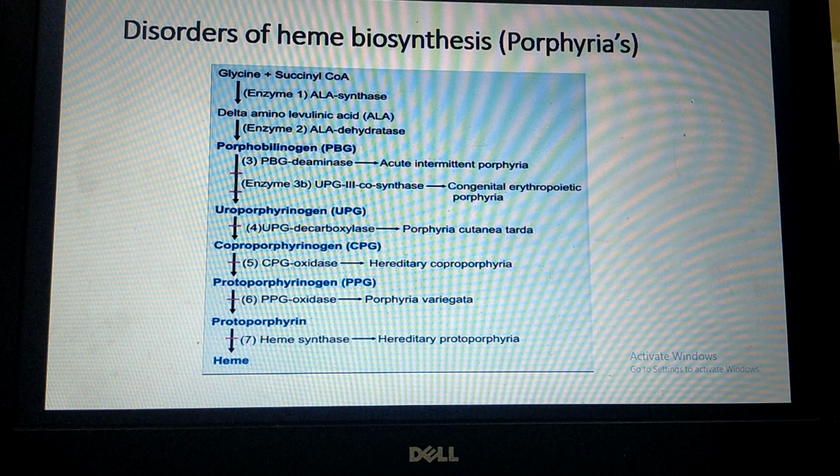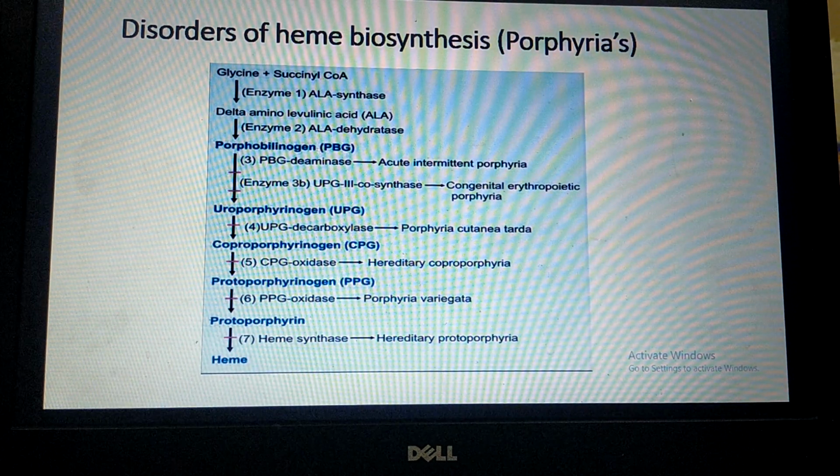So therefore, the two compounds, porphobilinogen and delta aminolevulinic acid, accumulate in the blood, and as heme synthesis is hampered, the concentration of heme in the body decreases.